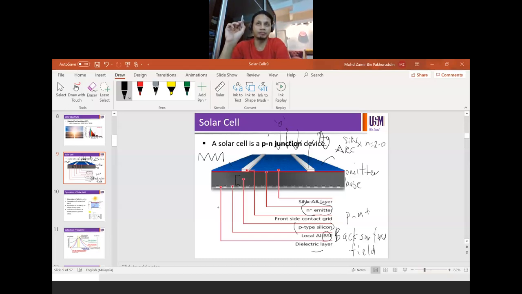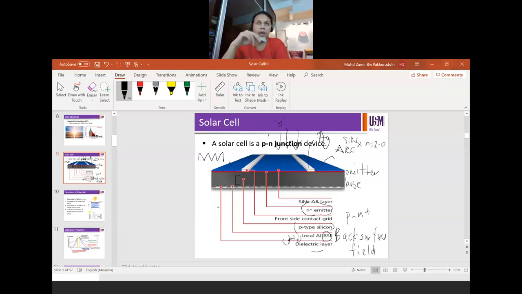Briefly, if you have a p-type wafer, then your BSF has to be p plus or p plus plus. So it's actually a form of junction as well. It's just that the junction is not of opposite polarity. So we call it a low-high junction, p plus or p plus plus. What it will do is minimize rear surface recombination, right? Rear surface recombination.